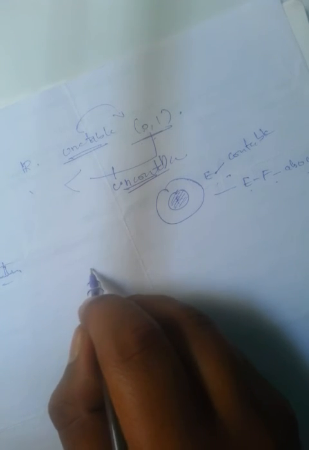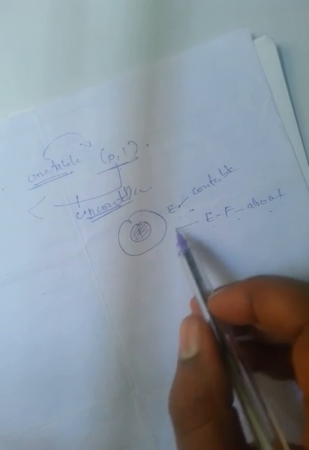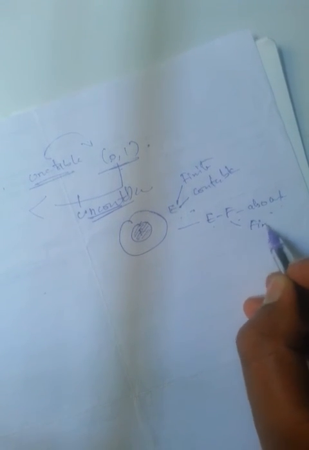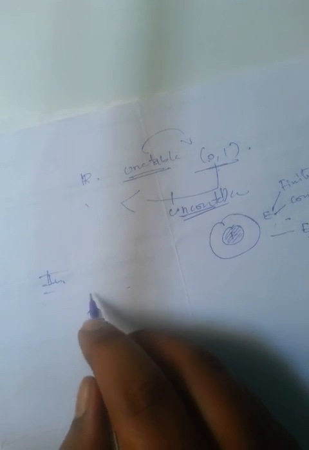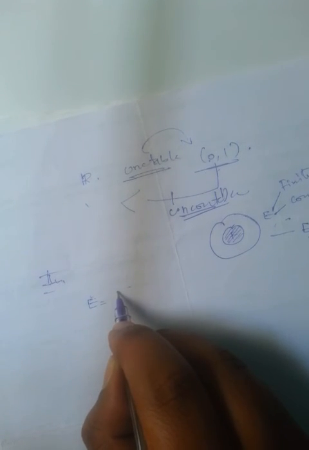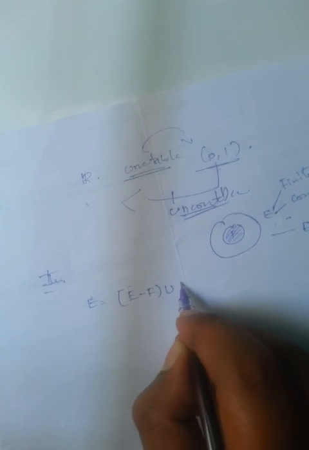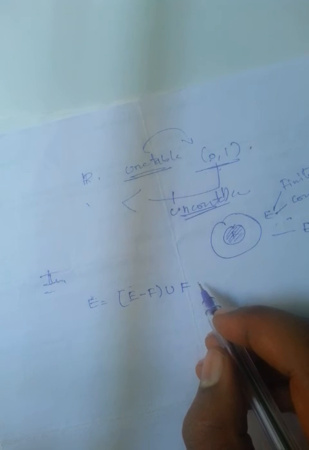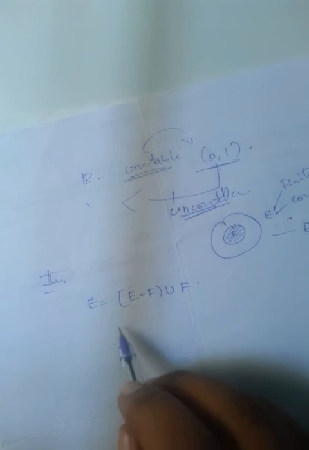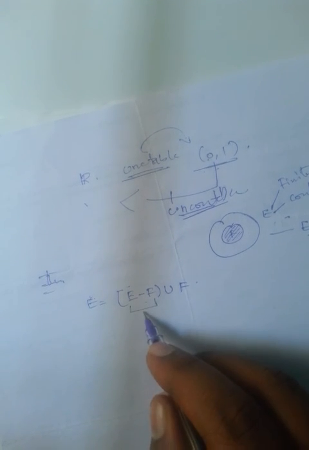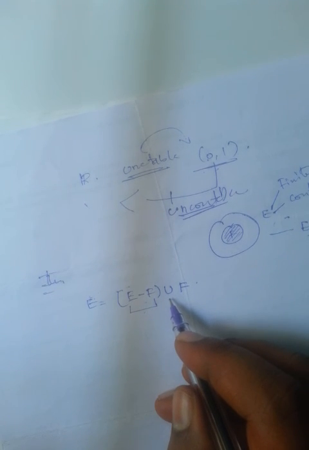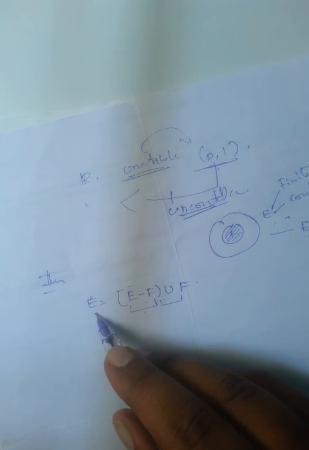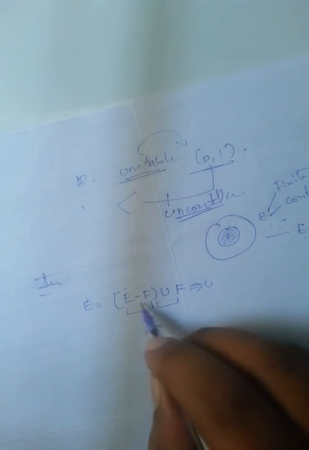E is countable and F is finite. Now we can write E equal to E minus F union F. We have considered two things: given that E is countable, that implies these two sets are also countable.